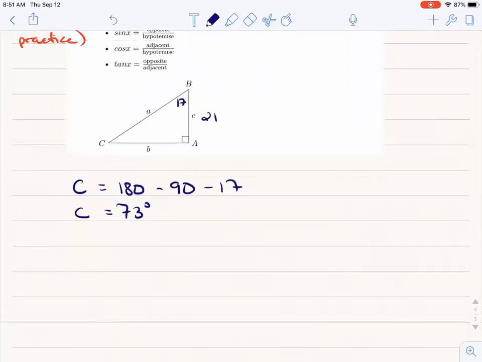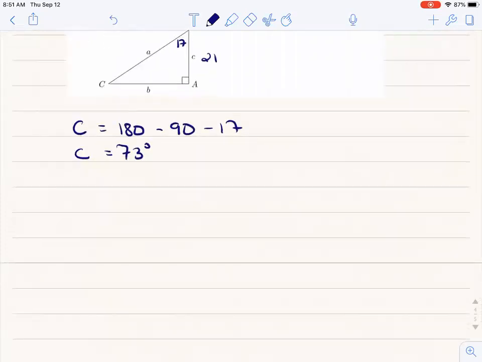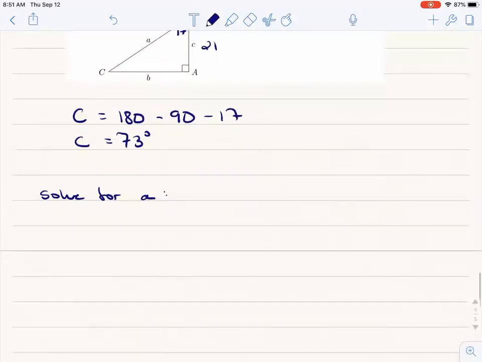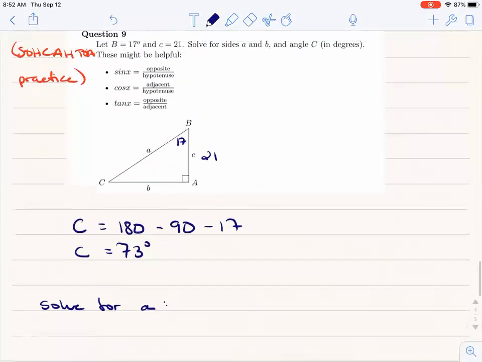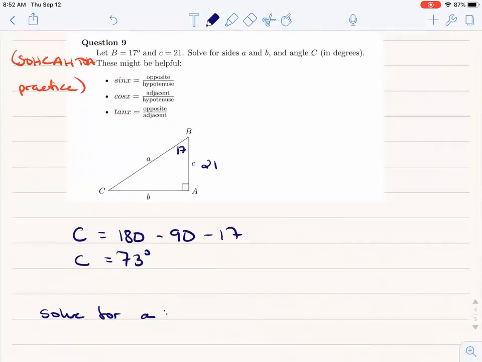So let's solve for A. Just because there's more than one thing on here, I'll put a little header. A is the hypotenuse, right? So I'm looking at sine or cosine.